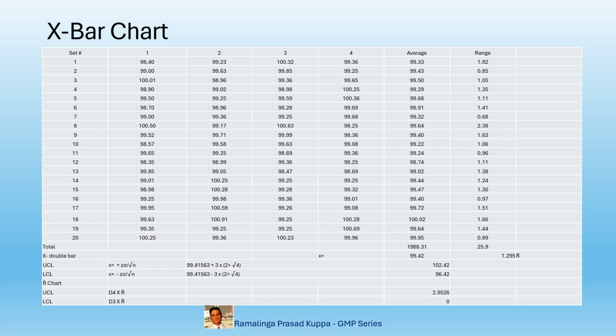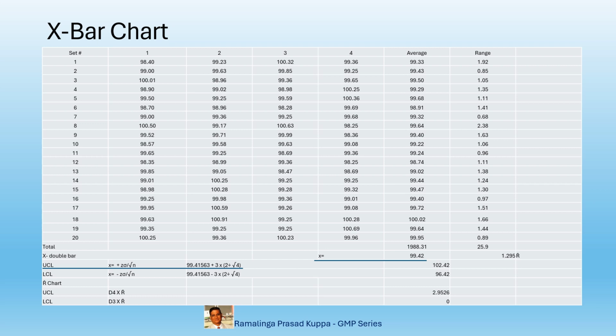Average of each subset of 4 samples is calculated. Range is calculated as the difference between the maximum value and the minimum value in each 4 sample set. X double bar is the average of all X bars for 20 sets of 4 samples each.